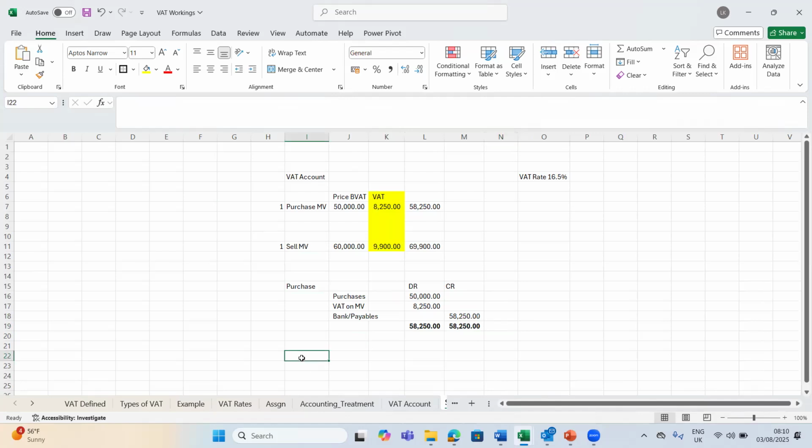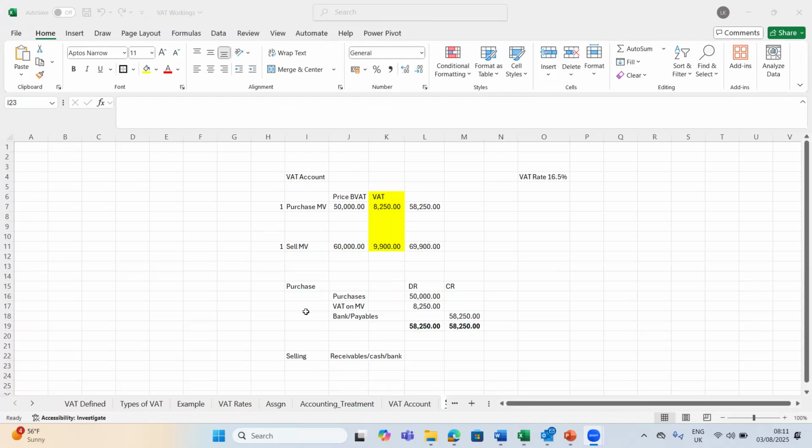Scenario number two, where we are selling: what do we debit, what do we credit? When we are selling on credit, it will go to receivables, or when you are selling by cash, it'll go to cash or bank. We agree on that.